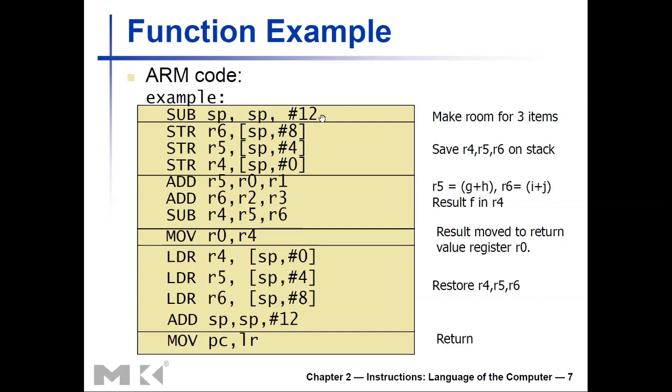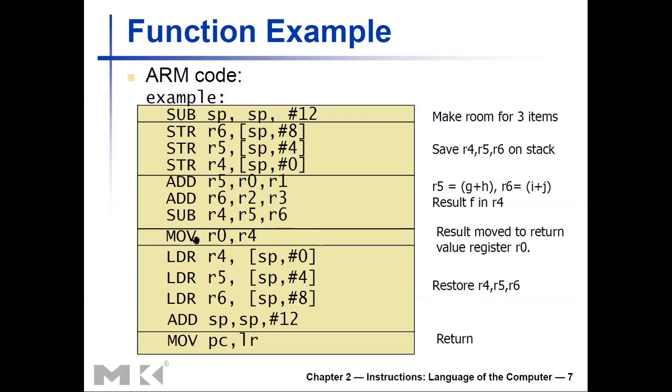So we allocate space for 3 registers and we store them inside the stack like this. For the others we use the offsets 4 and 8 to store the other 2 registers, and we use R5, R6, R4 to get the result of this particular calculation. We can get it done using these registers, and finally the result is moved to the return value register R0.